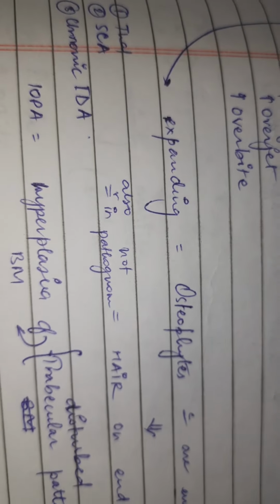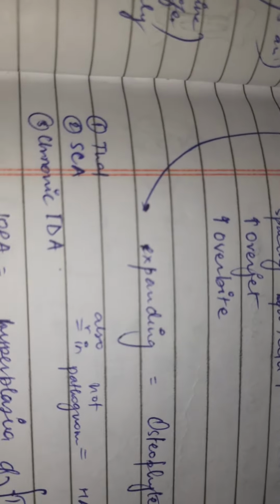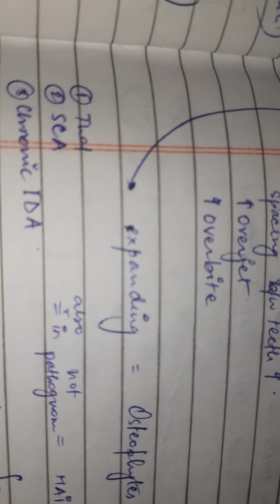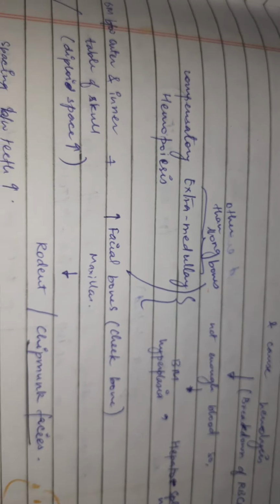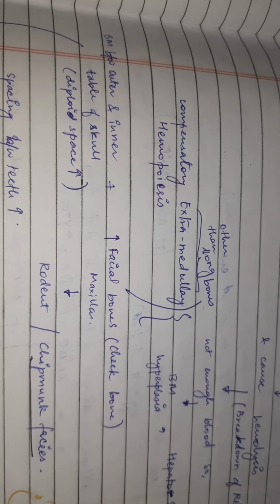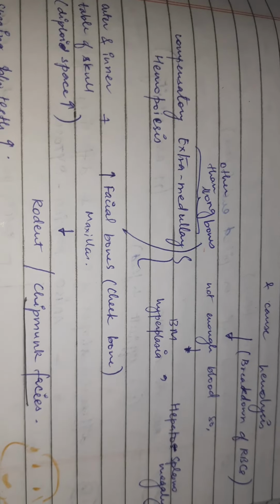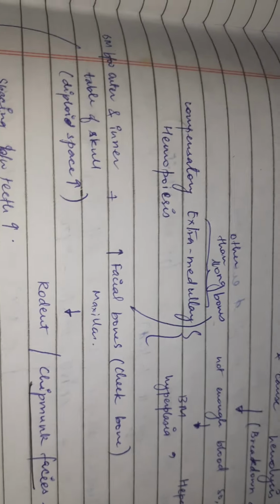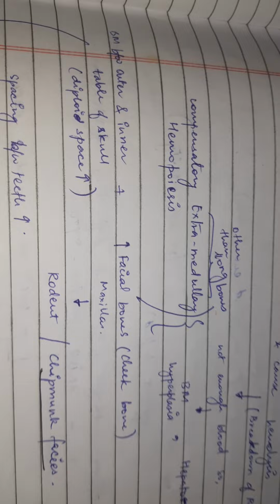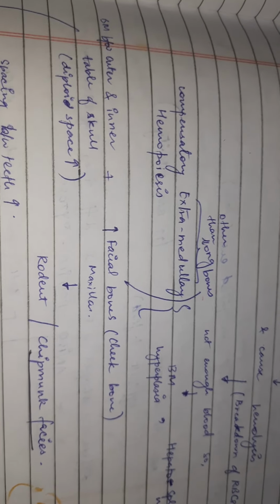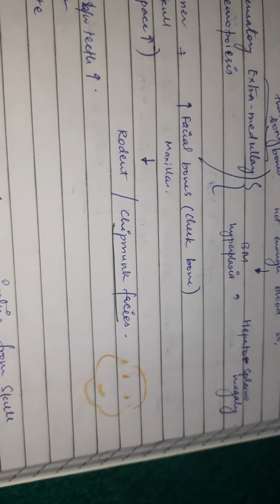This is not pathognomonic; it is also seen in thalassemia, in sickle cell anemia and in chronic iron deficiency anemia. Now let's continue. So what we see due to bone marrow hyperplasia and hepatosplenomegaly is that the diploic space between the outer and inner table of the skull will increase and facial bones will increase, which will cause the rodent chipmunk face.